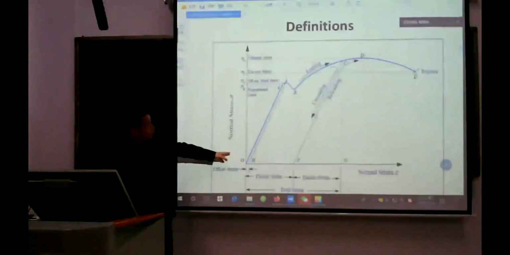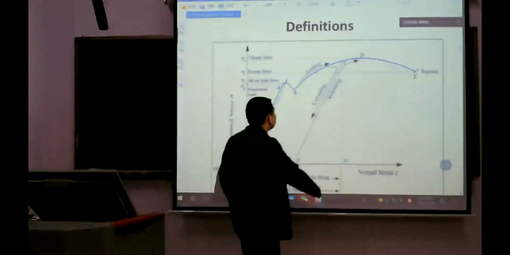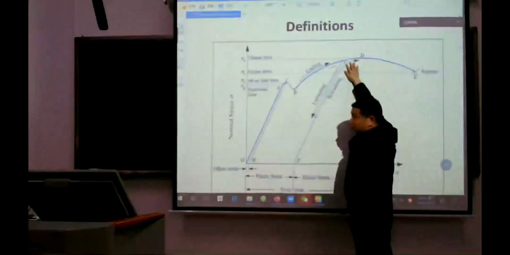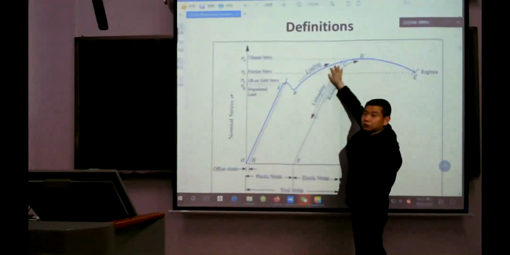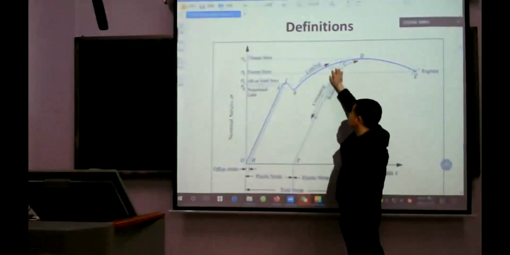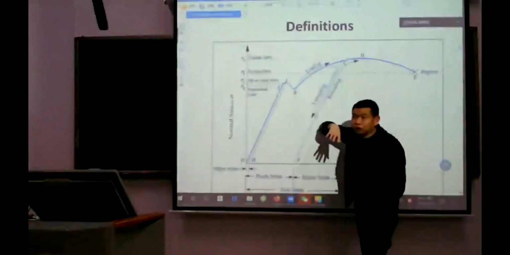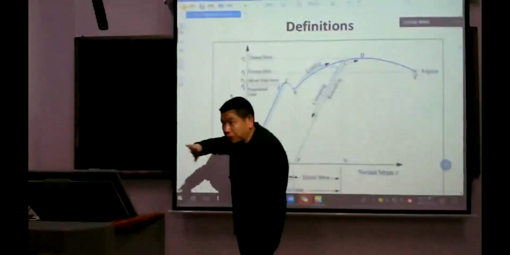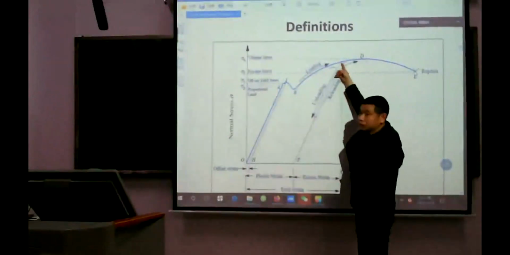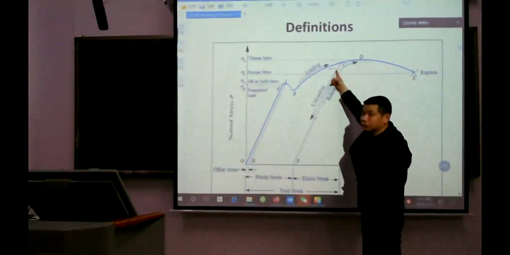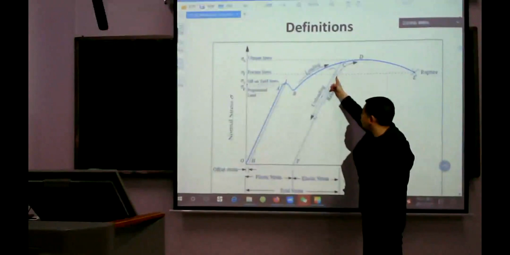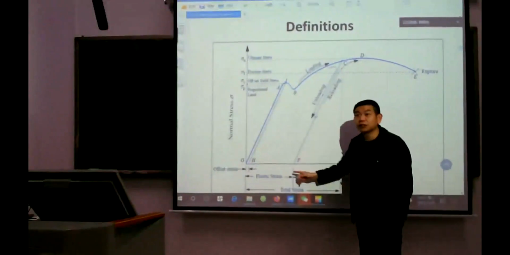In this figure, I will introduce unloading. In the unloading section, when you gradually decrease the loading, the relationship of the stress and the strain will go down along this straight line.